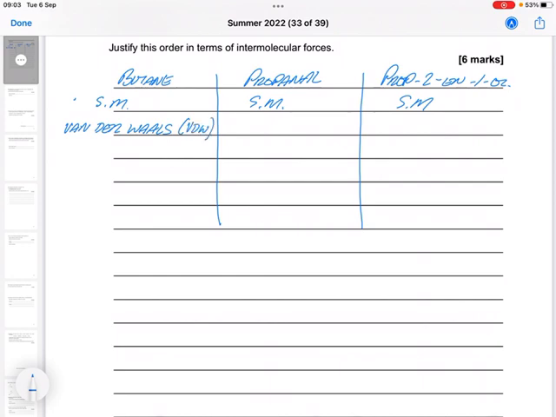So van der Waals forces of attraction. As soon as you mention the word attraction, you must state what it is between. So we've worked out that it's simple molecular, so it's going to be between molecules.